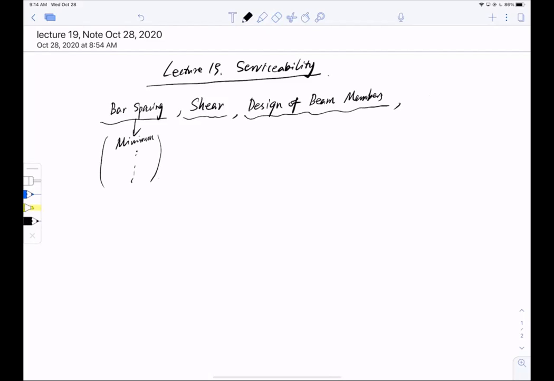So what we talked about in the last lecture: we were talking about one way slabs, right? And specific for one way slab, we talk about moment, but no shear, right? Okay, thanks. That's all we talked about.